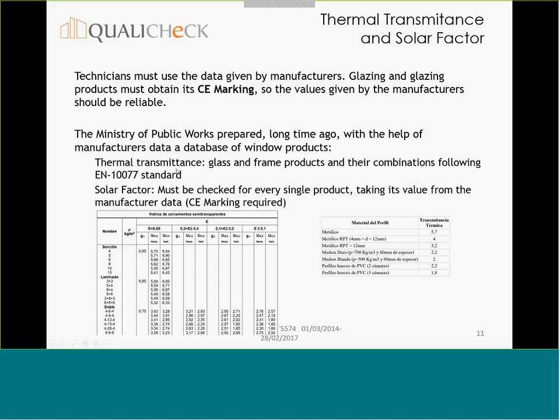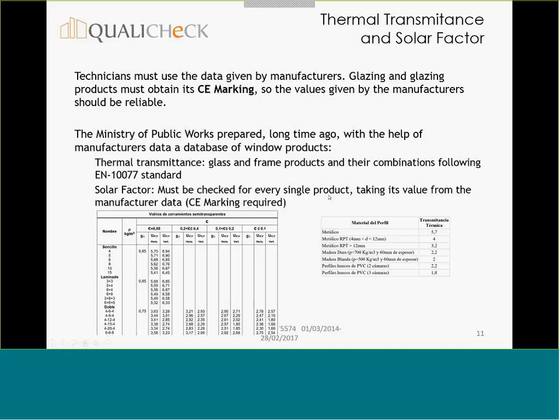Then the thermal transmittance for the assembly of glass and frame are calculated following the ISO and EN standard 177, and the solar factor is also calculated according to standards. It must be checked for every single product.